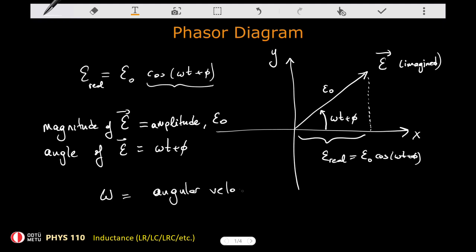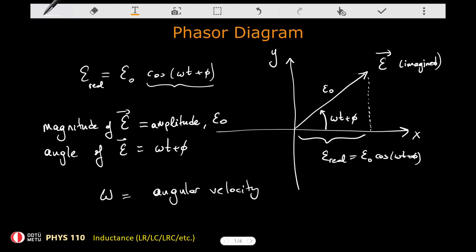Since this motion is a very nice motion, essentially a constant angular velocity motion, of course with some kind of imagined vector, it is still something we can easily understand.